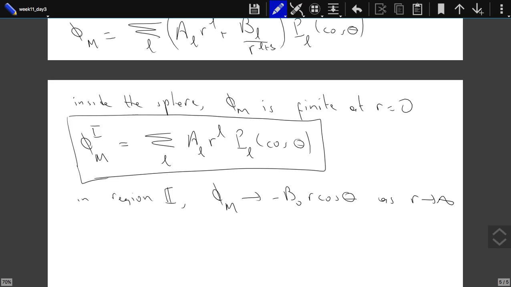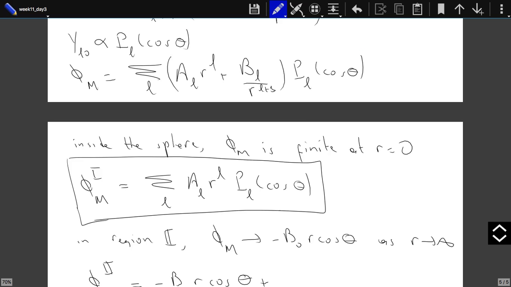So the corresponding scalar potential should be just minus B0 z, and z is nothing but r cosine theta. Well, this already tells me that phi m2 in region 2 should have this form, minus B0 r cosine theta plus, well, you see, if you look at this general expression, as r goes to infinity, B_l terms go to 0 anyway.